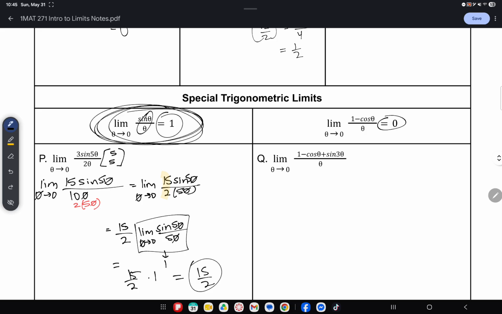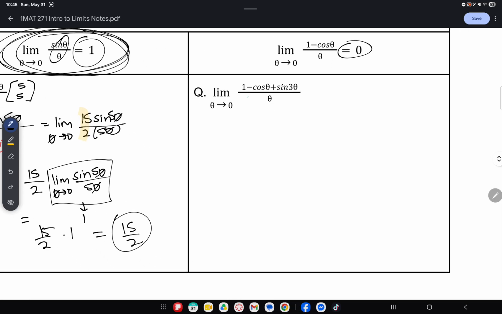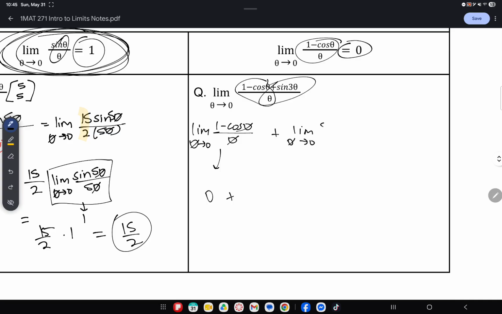All right. So this one, we're going to split this up because I want 1 minus cosine over theta. And I have that here. I just had to split it. So I can do the limit as theta goes to 0 for 1 minus cosine of theta over theta, which we know goes to 0, plus the limit as theta goes to 0 for sine of 3 theta over theta. I want to use the sine limit, right?